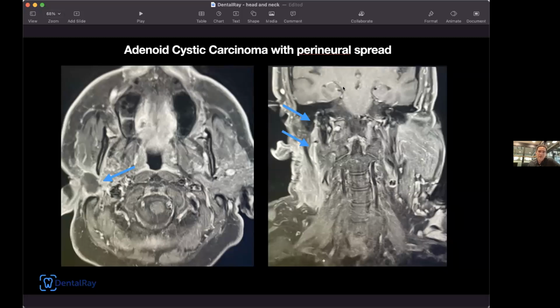And this type of tumor is unfortunately very notorious for crawling along the nerve back into the brain. This patient does have intracranial extension from perineural spread back along the facial nerve into the temporal bone. So really critical.